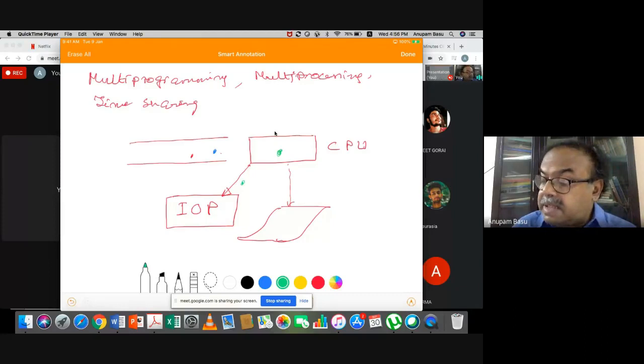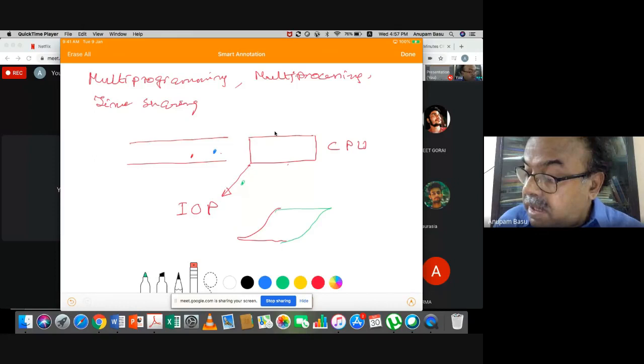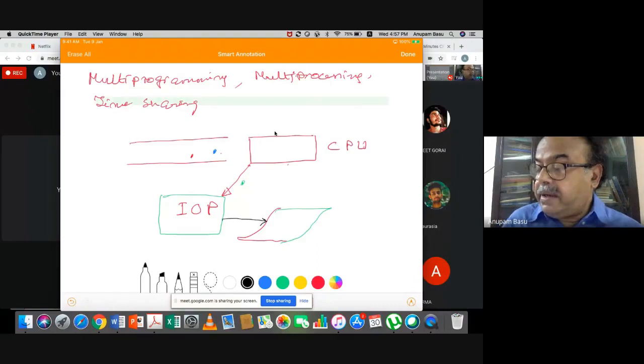As soon as it does that, the CPU is free. Now the IO processor is actually communicating with the printer and printing.